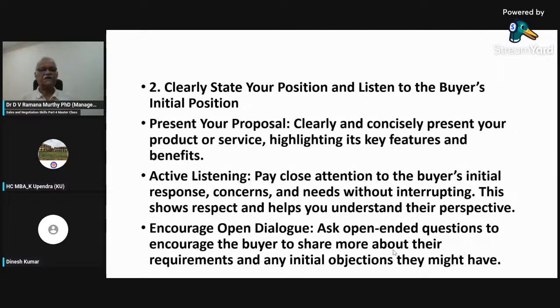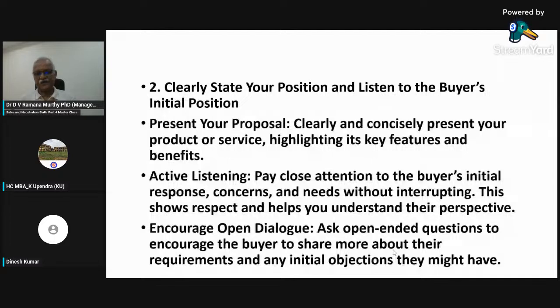Next, the second one with regard to the opening phase is to clearly state your position and listen to the buyer's initial position. Next, of course, if the conversation is good enough and there is a negotiation between yourself and the client organization or the client itself, then slowly propose the business proposition.